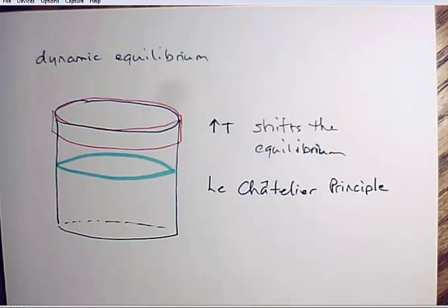That makes sense? Or new point of equilibrium. The equilibrium always exists. It's a point of equilibrium we're talking about here: in this case, the amount of water vapor in the air. Okay?